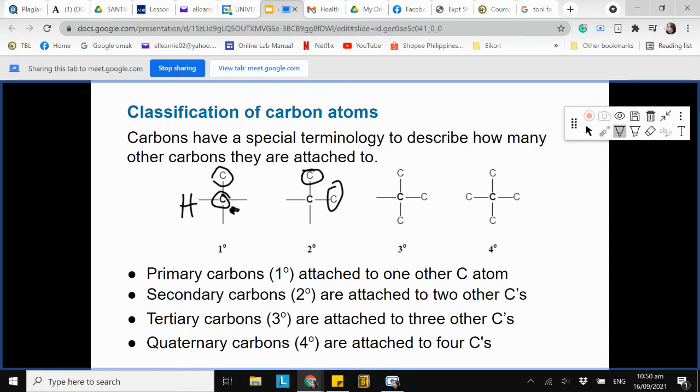So, this is not limited to carbon but also applies to other elements. For example, instead of carbons, let's have it as chlorine. Gawin natin chlorine to.